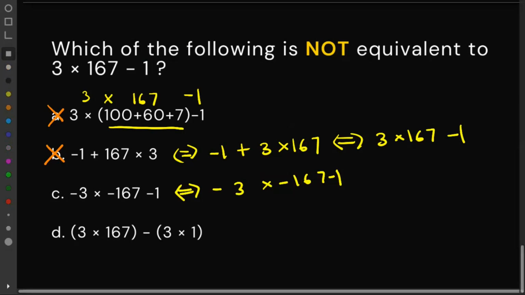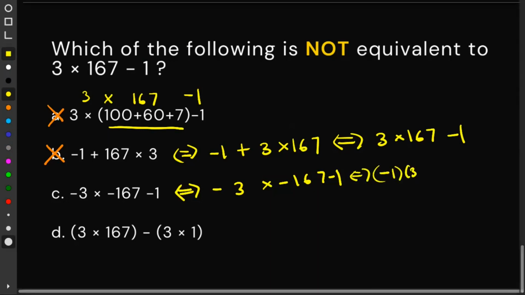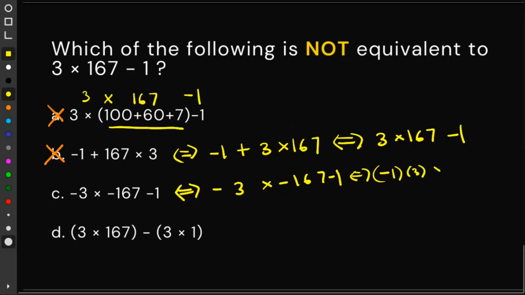So if we factor that out, we would have -1 times 3. Let's write this one, parenthesis, -1 times 167 minus 1.